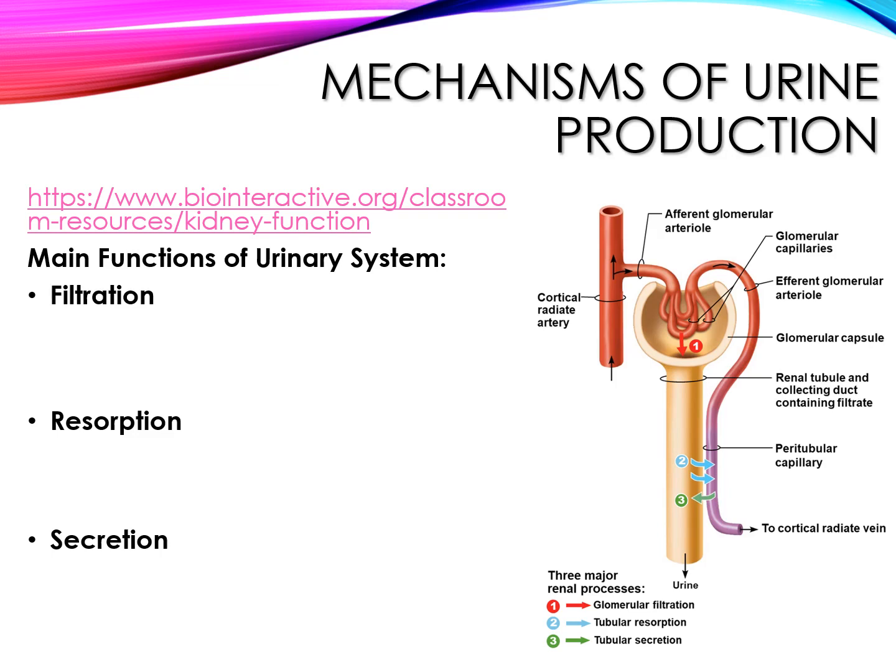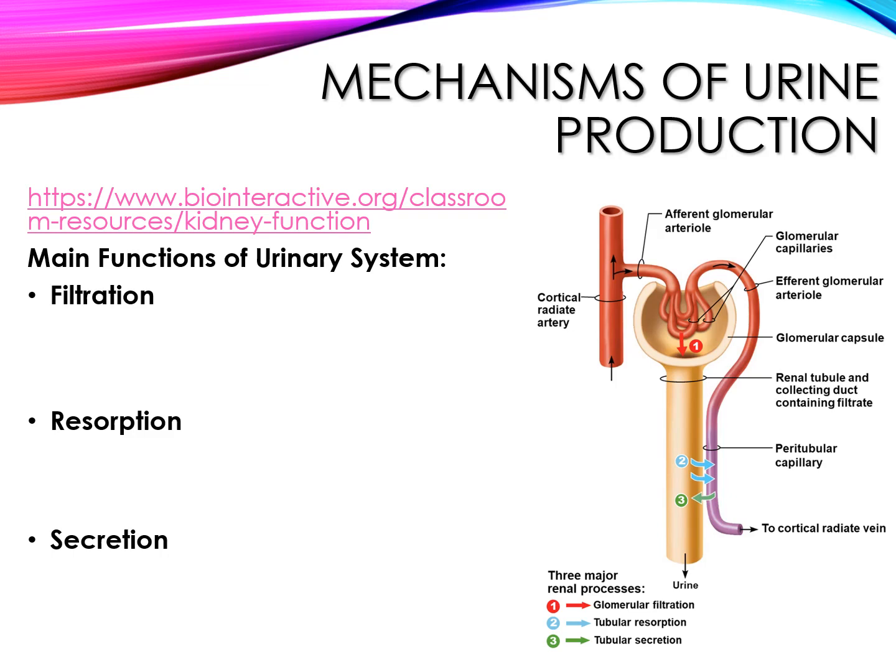I have this great video for you guys, and I'll post it on Canvas as well, that shows how the nephron works and how much fluid your kidney actually filters in a day, which is a crazy amount of fluid. It's liters and liters of fluid, which is just crazy for these tiny little organs. So it's amazing what the kidneys can do.